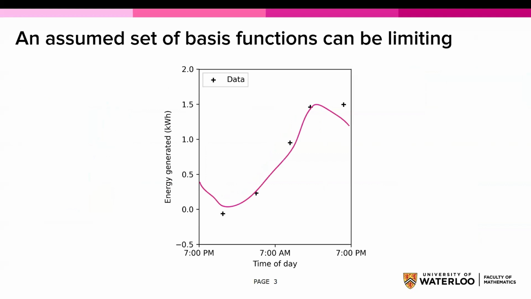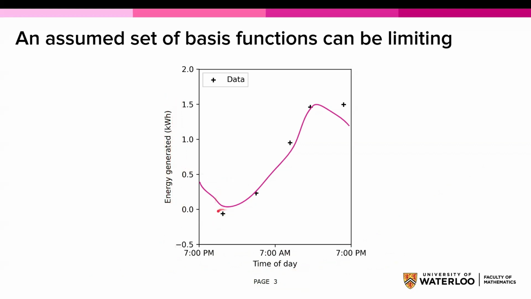So let's revisit the data set that we relied on in part A. We had data points representing energy generated over a day. The x-axis was the time of day, and the y-axis was the energy generated in kilowatt hours.